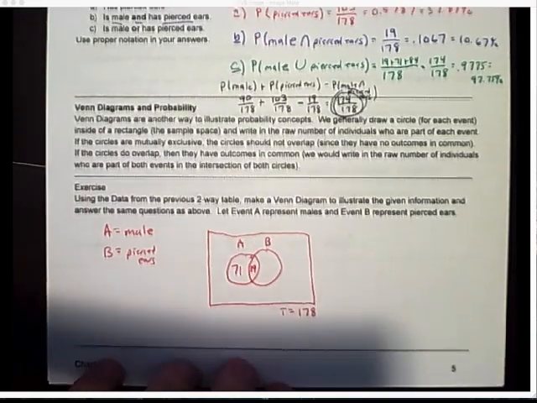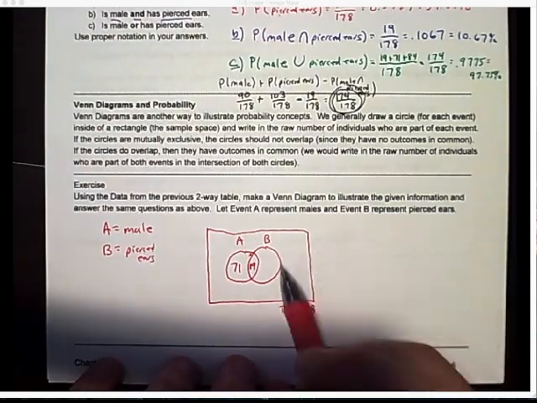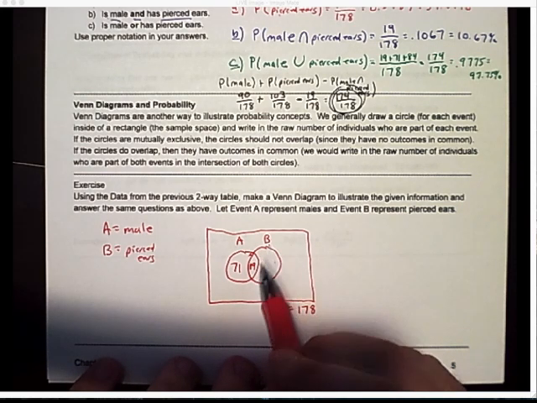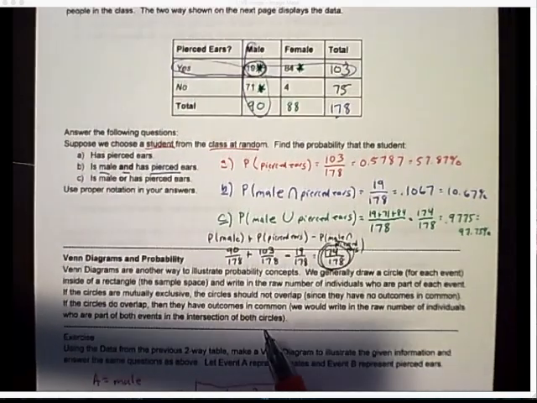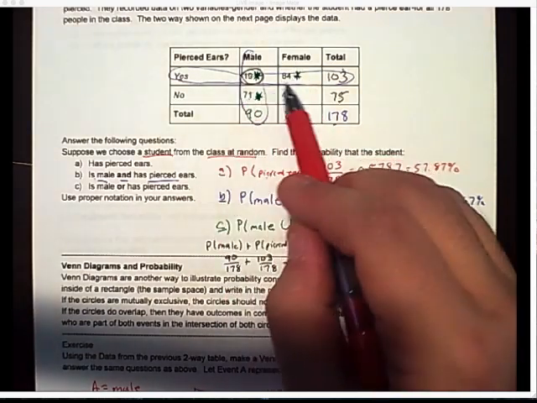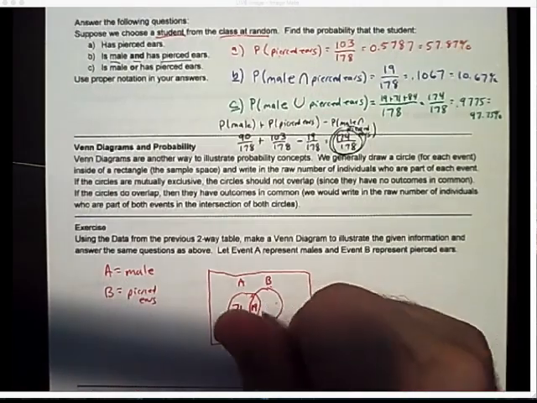All right. Now, what about over here? Event B is having pierced ears. So the 19 people are the males that had pierced ears, but we haven't thought about the females that have pierced ears. So how many females have pierced ears? 84.